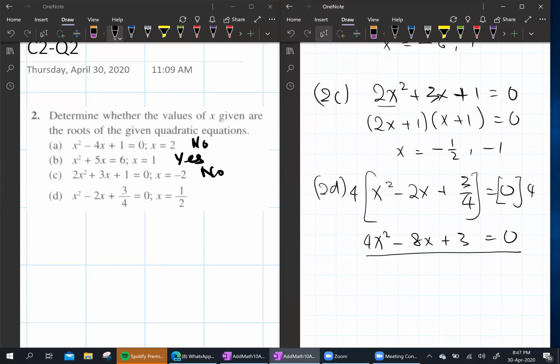Try. You know, it can't be factorized, right?